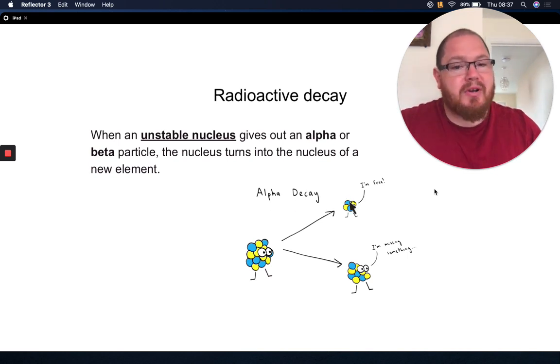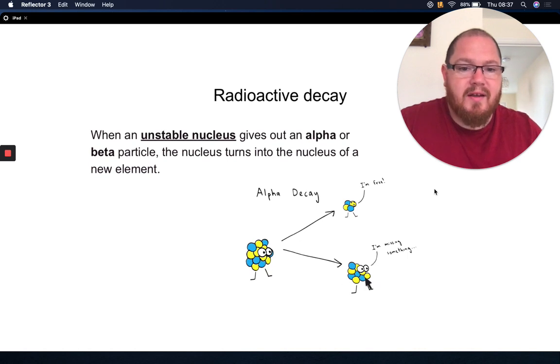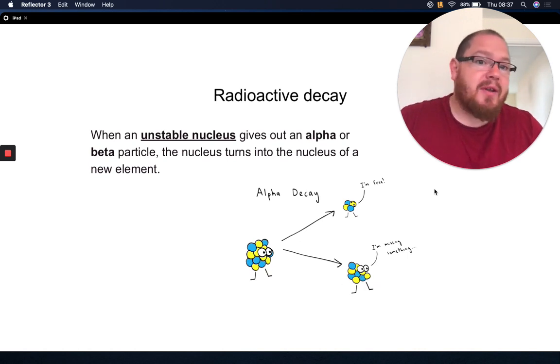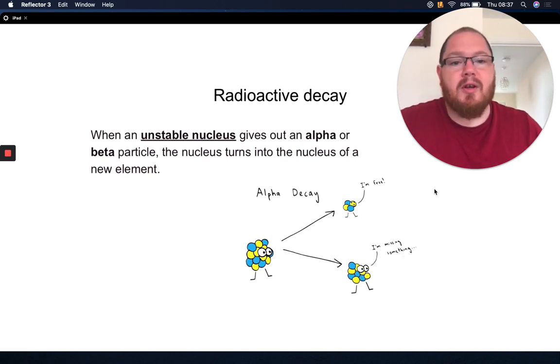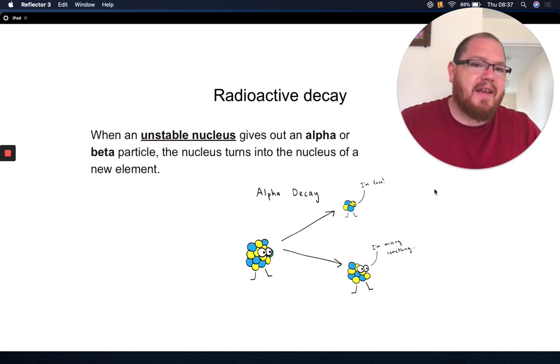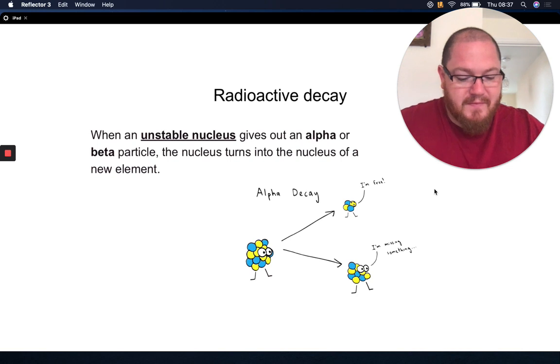Well, going back to the previous slide, we know that alpha is 2 neutrons, 2 protons, so it's 4 sort of subatomic particles, if you will. It loses that, he says, I'm free, but now he becomes smaller. So he's a new element, in a sense, you know. He's still radioactive, he's still going to lose some more, but that's the key idea there, okay? At least the level we need to understand for this video.